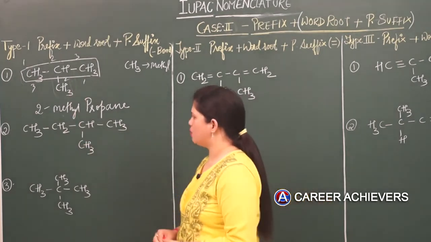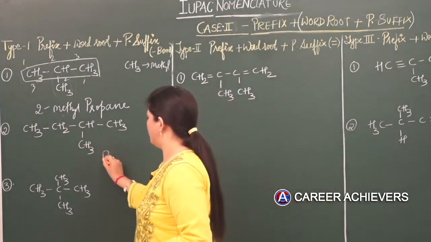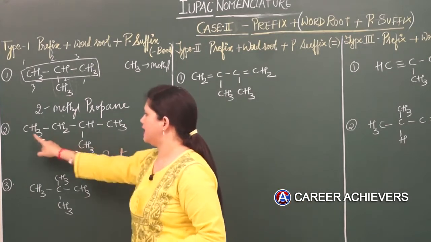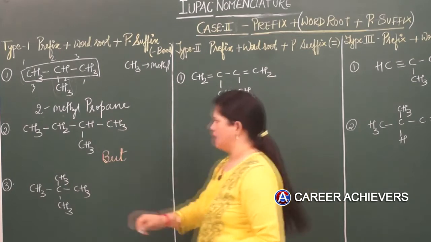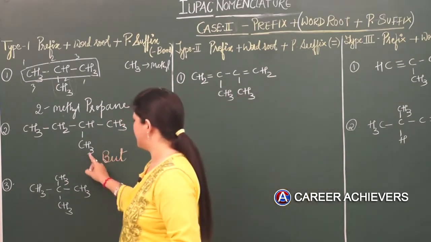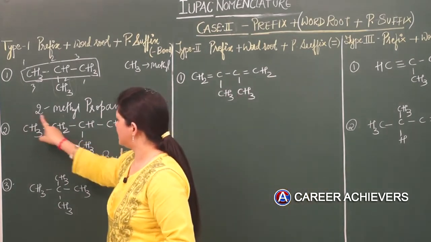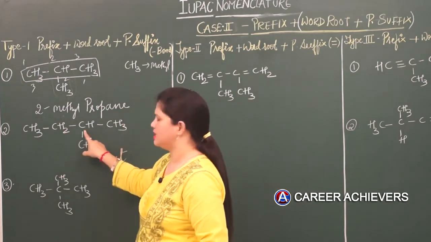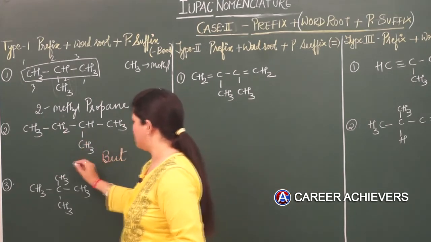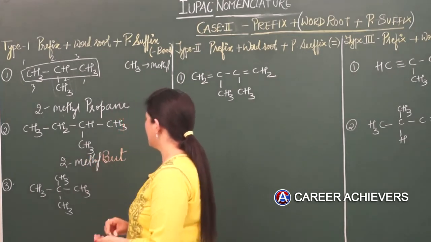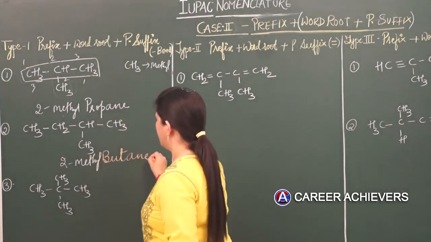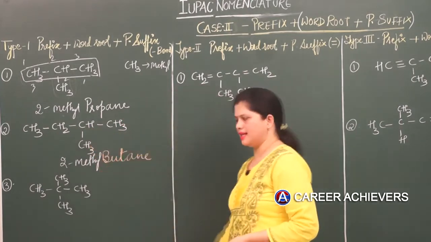Then talking about this molecule, the word root would be but, because in the second chain, the straight chain, only 4 carbons are coming. If we talk about the position of this, from this side it is on the 3rd carbon, from this side it is on the 2nd carbon. So again 2-methylbutane, as everywhere a single bond is there, that is why ane.